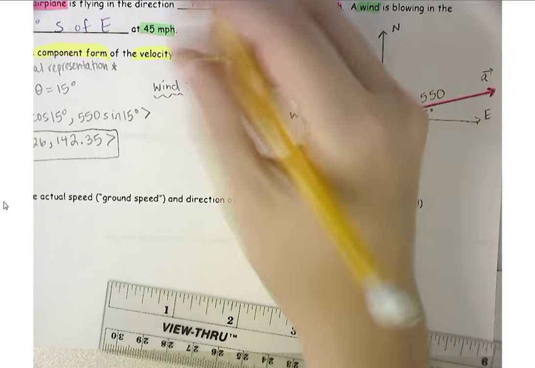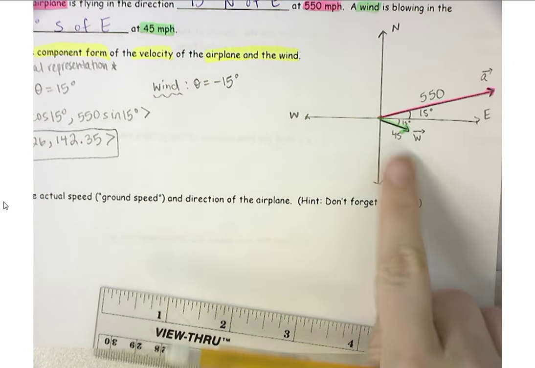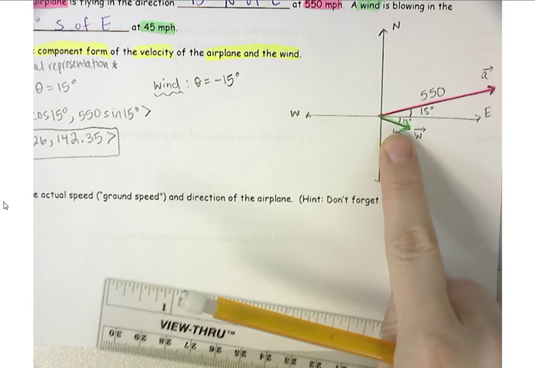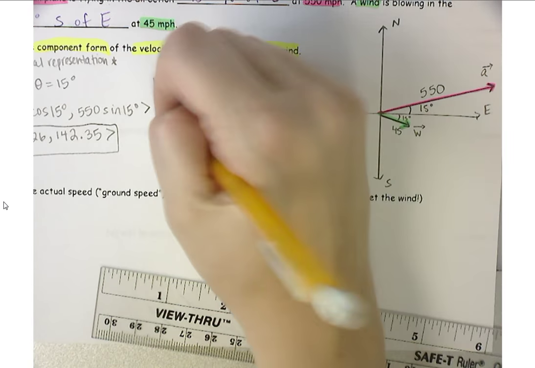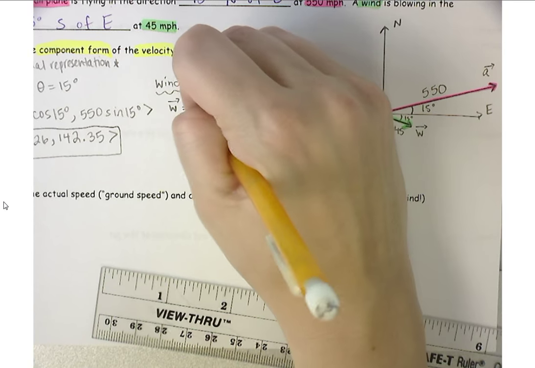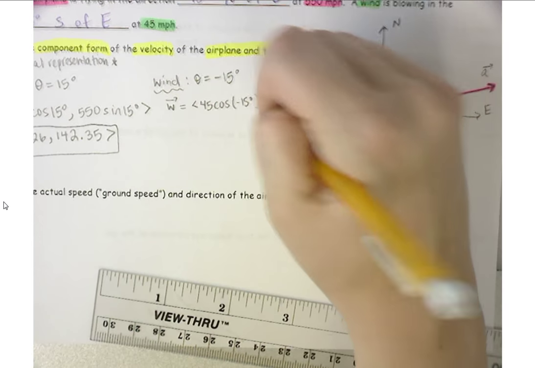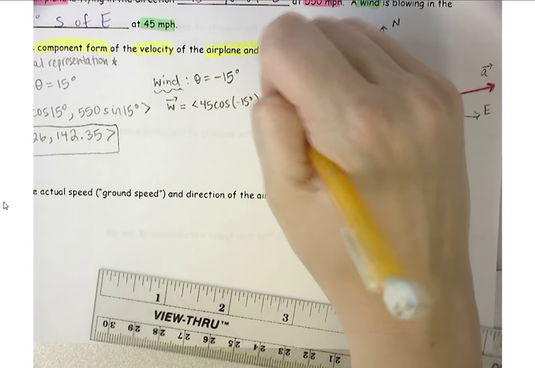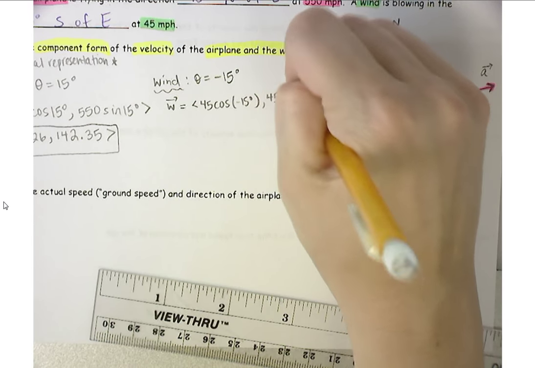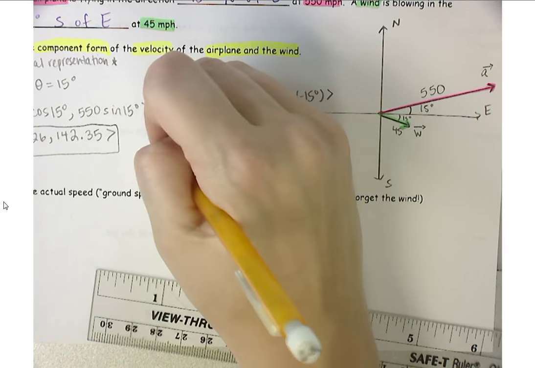So your theta value is negative 15 degrees, and that's because of the position. Then your wind is going to be 45 cosine of negative 15 degrees, and then 45 sine of negative 15 degrees. Go ahead and calculate those.